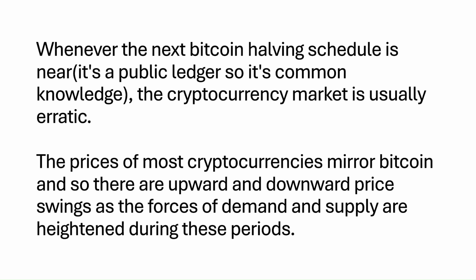Whenever the next Bitcoin halving schedule is near, it's a public ledger, so it's common knowledge. The cryptocurrency market is usually erratic. The prices of most cryptocurrencies mirror Bitcoin, and so there are upward and downward price swings as the forces of demand and supply are heightened during these periods.